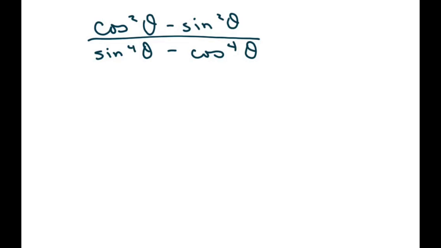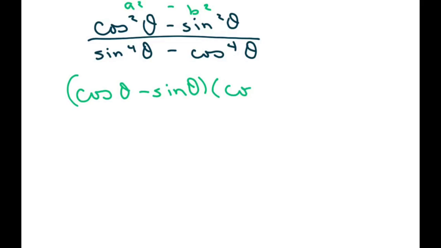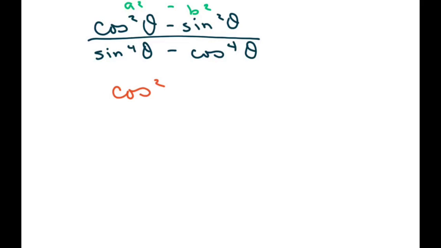So I'm going to factor this. This is your a squared minus b squared. So we're going to get cosine theta minus sine theta times cosine of theta. You know what? Let me do something else first. I just thought of something. Let's just leave the numerator there and see if I can do something else. Cosine squared of theta minus sine squared of theta.